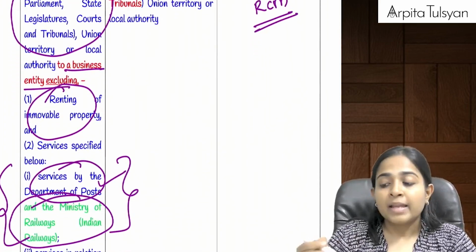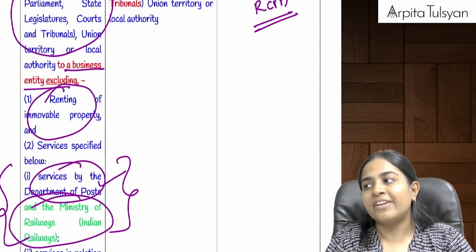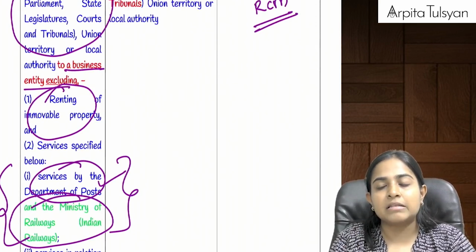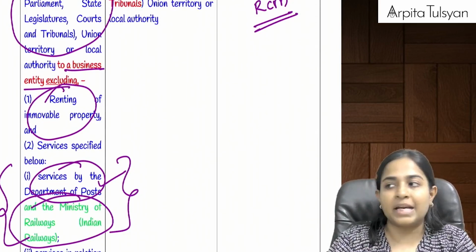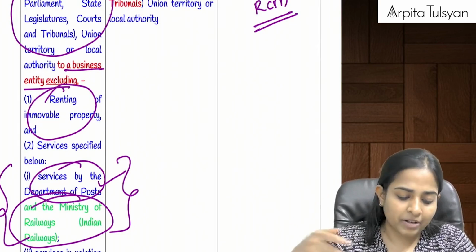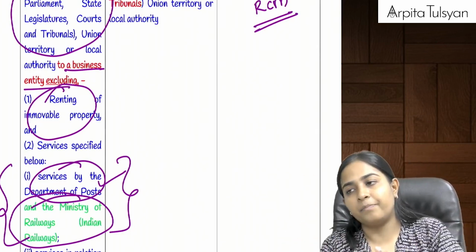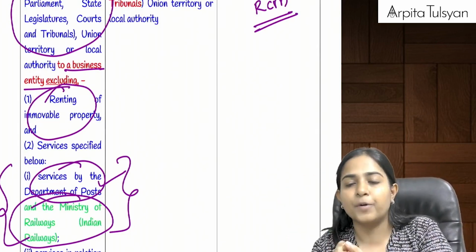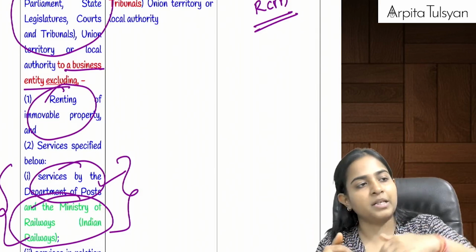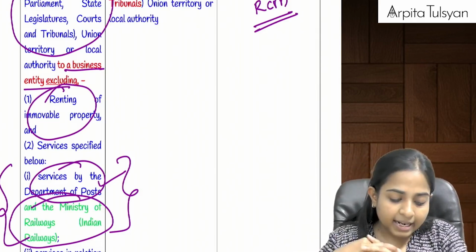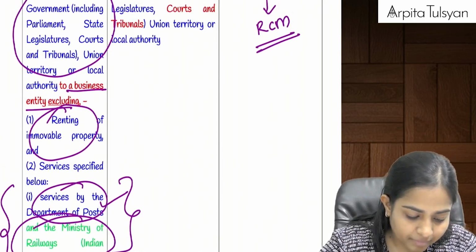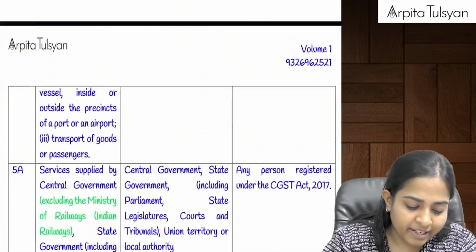So the purpose of this amendment was, whenever the Ministry of Railways is providing any such services to the business entity, etc., then in such case forward charge will be applicable, and the other person, when we give this particular service, we will collect the tax from the other person, pay it to the GST department, and the other person will be able to take the credit of the same. Right? That is one place where the amendment came.